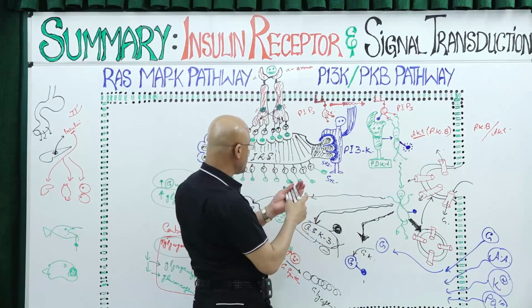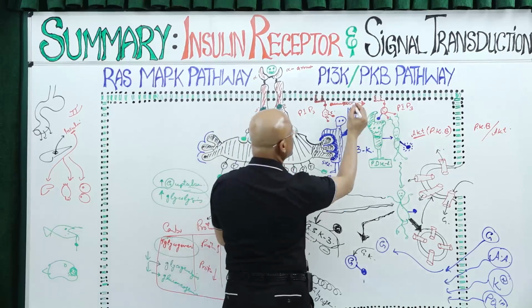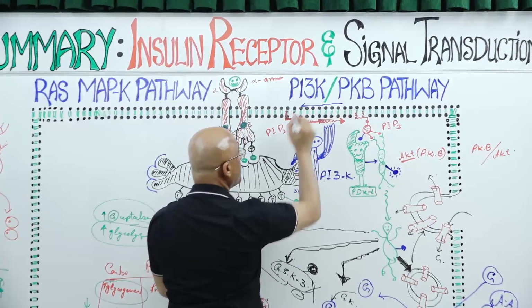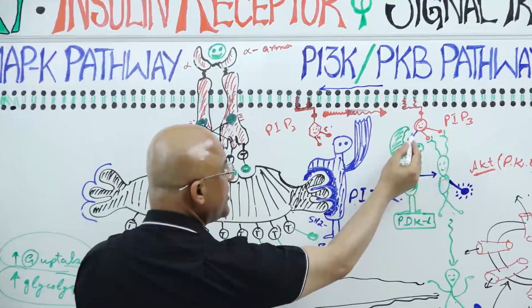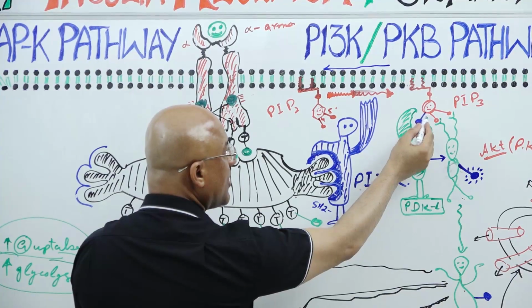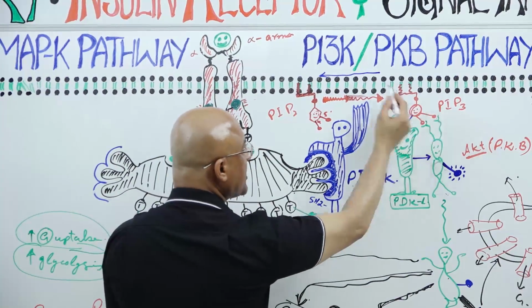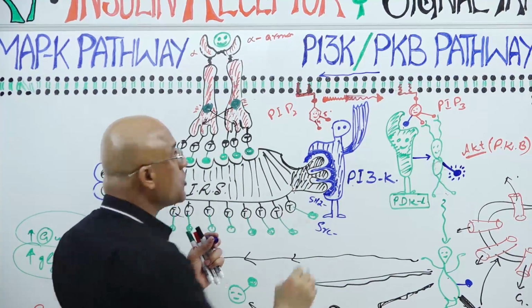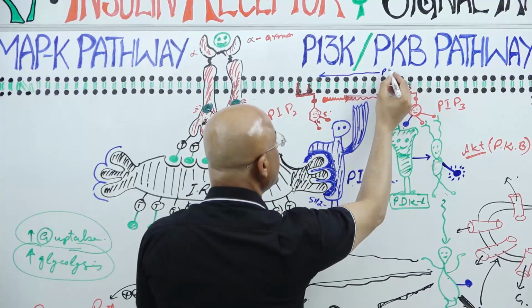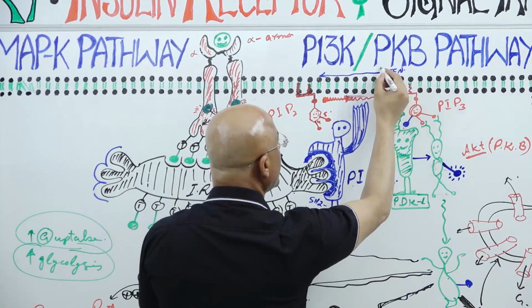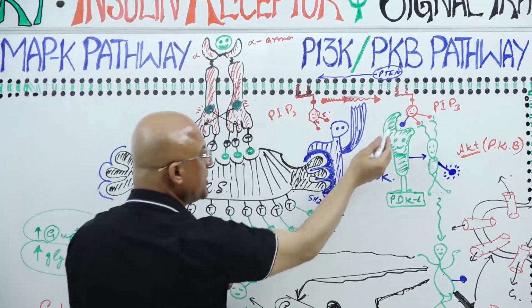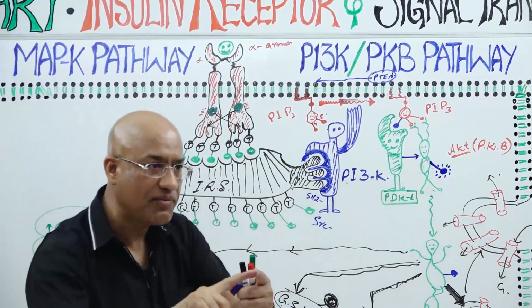I want to mention something special, that there is another enzyme which can reverse this mechanism. It can break down this phosphate, and PIP3 can revert into PIP2, and this is called PTEN. This is a phosphatase. Phosphatase means removing. Kinase is adding the phosphate.